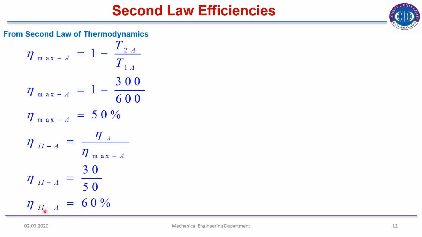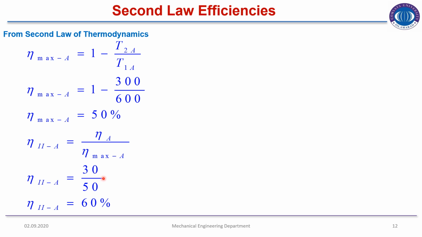The result comes out to be 60%. So 30% is the thermal efficiency that we calculated according to the first law of thermodynamics, and 50% is the thermal efficiency that we calculated according to the second law of thermodynamics, considering that the heat engine is a reversible heat engine.